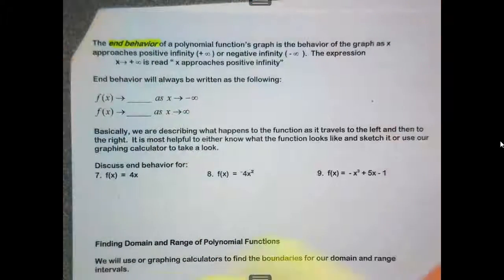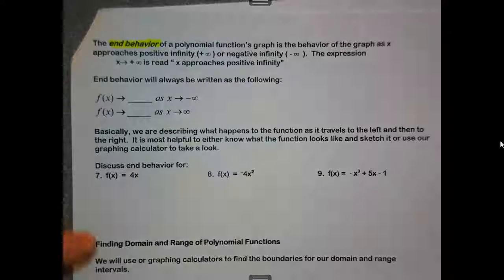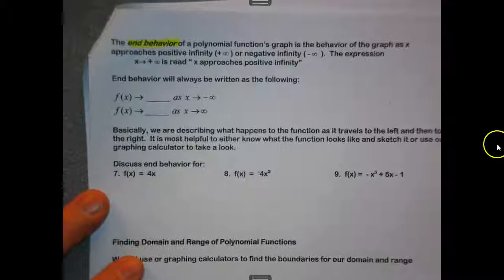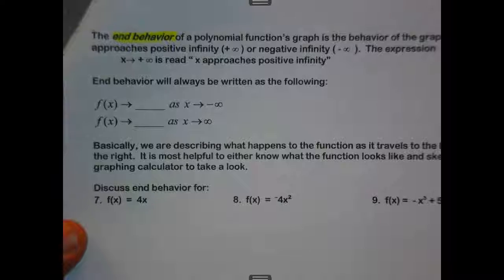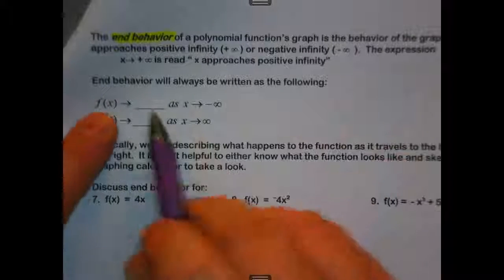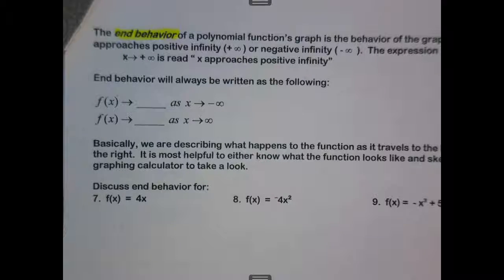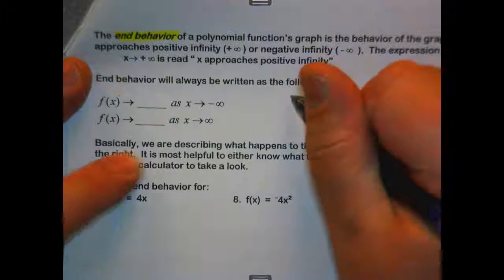What do you think end behavior means? Hey, what happened to our function at the end? They die. All right, and the way we read this. Okay, so every time you're doing end behavior, the first thing you're going to do is put this template down.